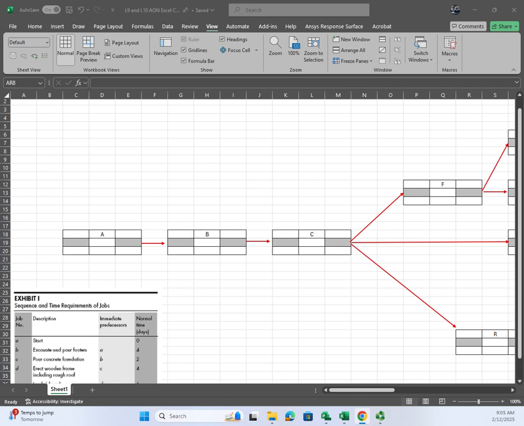Late start they haven't figured, but early finish they figured is 5. So that's the duration: 0 plus 5, the duration, gives you the early finish. It will make more sense the way I do it, because then it just flows across the page. But whatever the early finish is, that becomes your early start in the next activities.